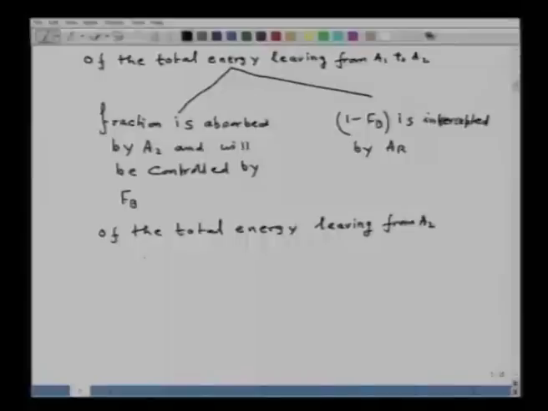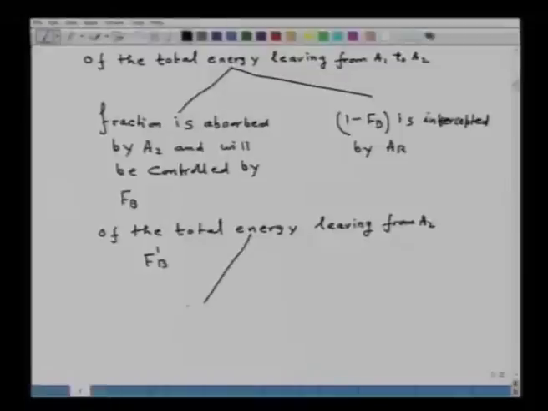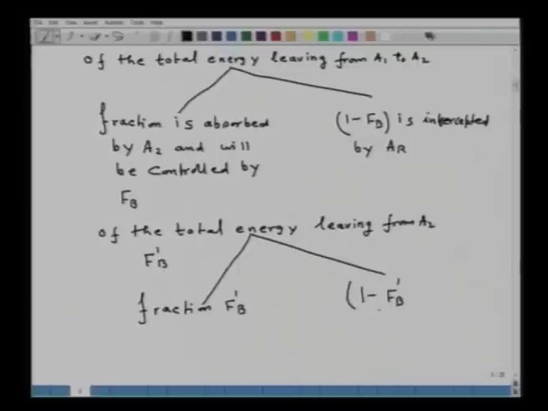Now, as FB is the view factor from A1 to A2, similarly let F dash B be the view factor as seen by A1 with reference to A2. So, that way the fraction F dash B is absorbed by A1, and 1 minus F dash B will be intercepted by AR.